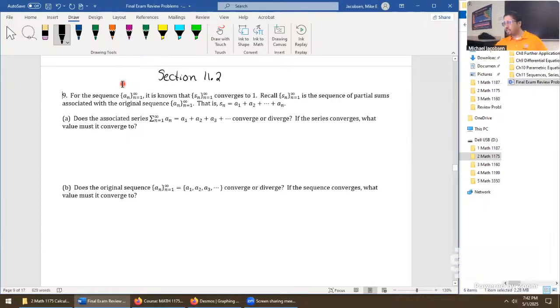It says for the sequence an, summing from n equals 1 to infinity, it is known that this associated sequence Sn converges to 1. What we're saying here, if it converges to 1, is that the limit as n goes to infinity of Sn is 1 as a sequence. But this is not an ordinary sequence. This is the sequence of partial sums.